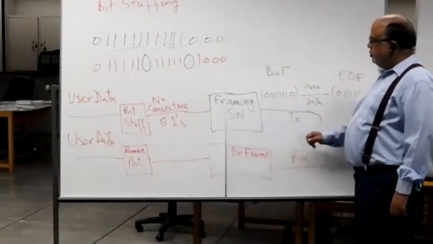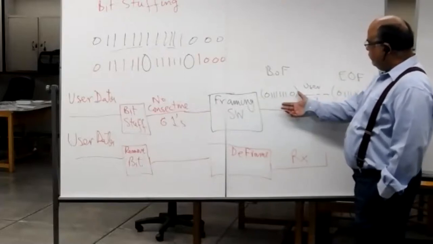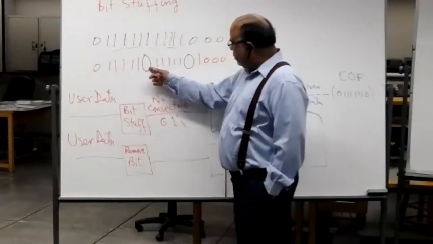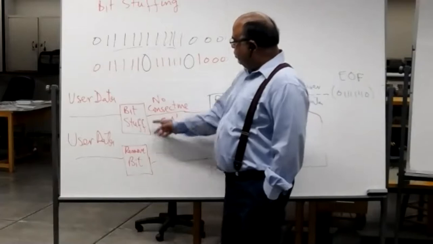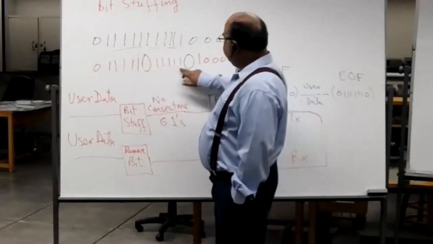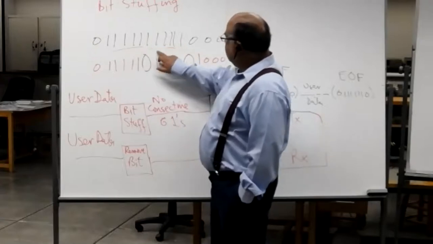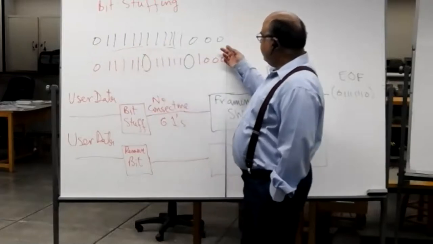Then you send this, and on the receiving side you deframe it, remove this data, but you will have these extra bits inserted over here. So these bits are then removed. So this bit will be removed, so you will get all the ones together again. You'll get the original user data back again.